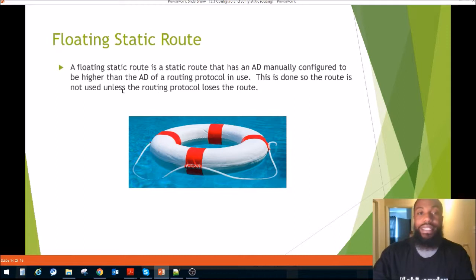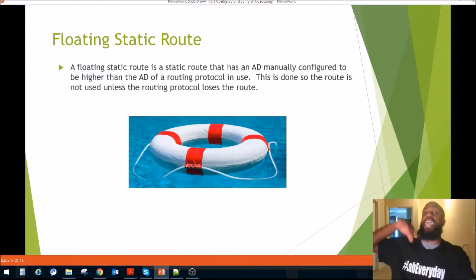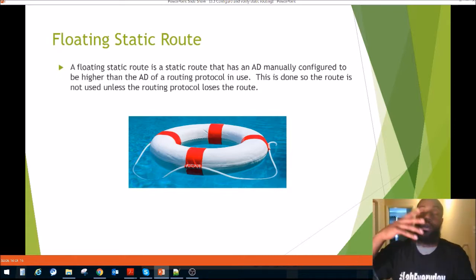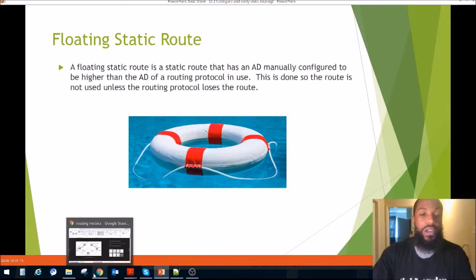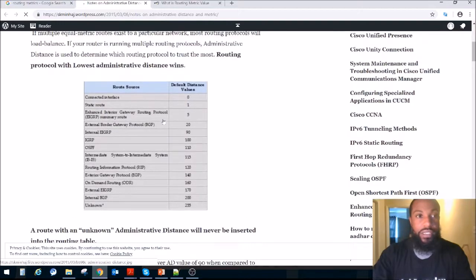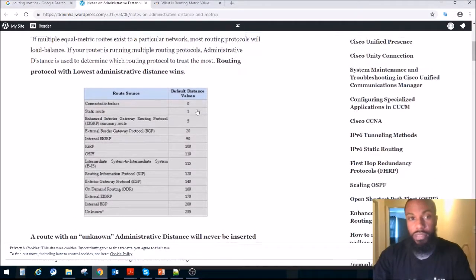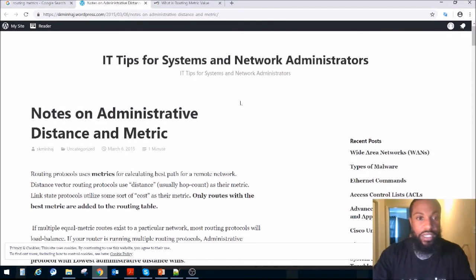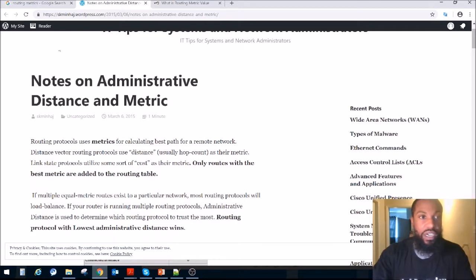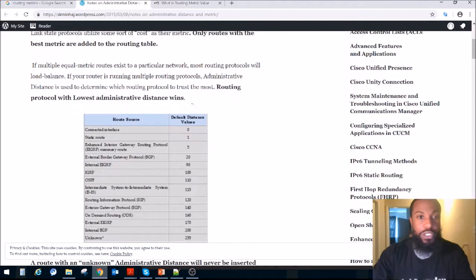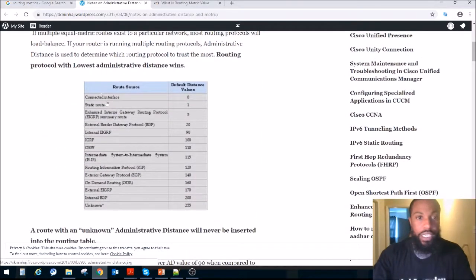This is done so the route is not used unless the routing protocol loses the route. So that's why we want to set the AD pretty high. Let me show y'all an AD chart real quick. This is the administrative distances, right?